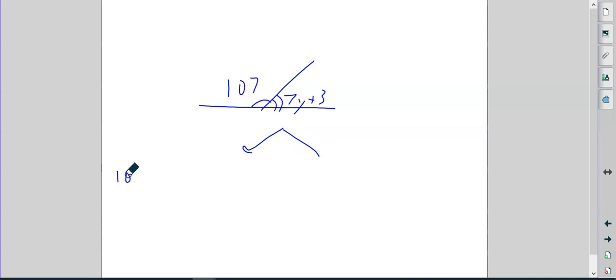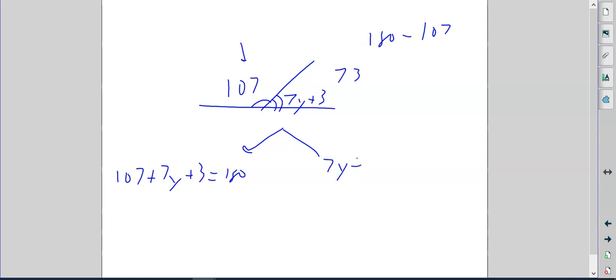So they add up to 180. The other thing is, if I know this angle is 107, I can simply do 180 minus 107. Okay, so 180 minus 107 is 73, which tells me this angle is 73. And I know it's 7y plus 3.